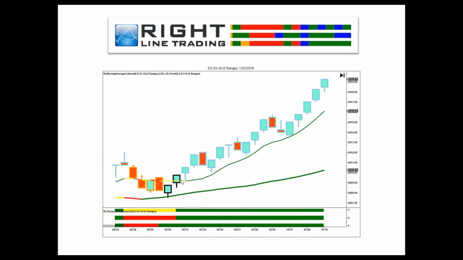Here again, this is a different analysis, but again, a movement to the upside only. And here I changed the color to give you a better idea of the candle color outline.